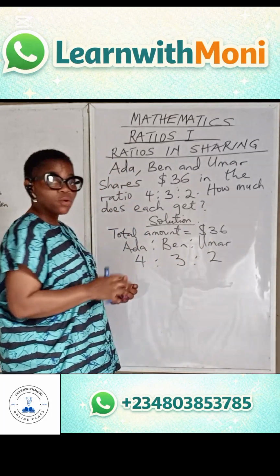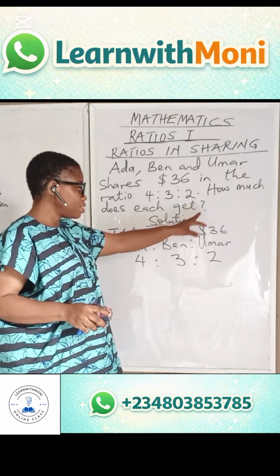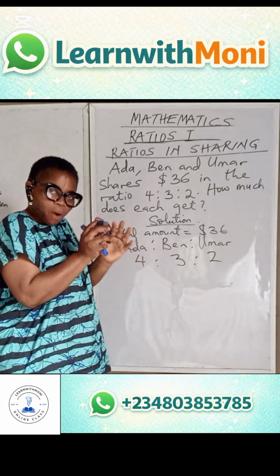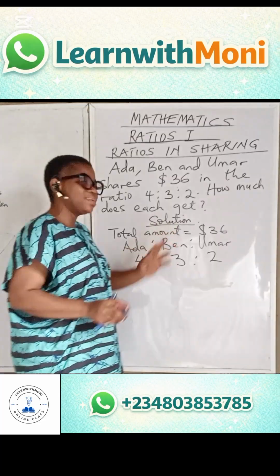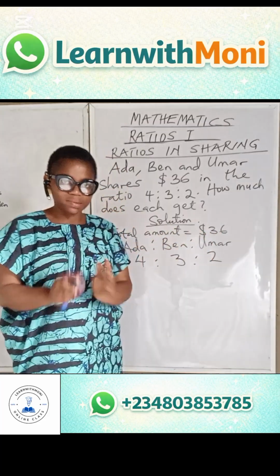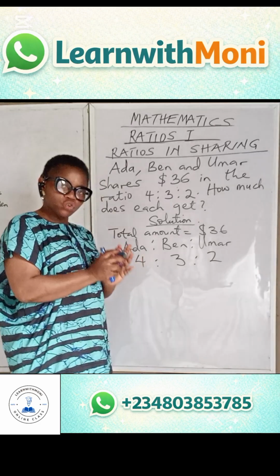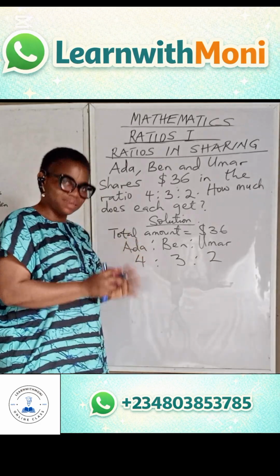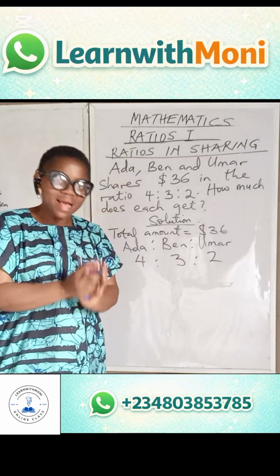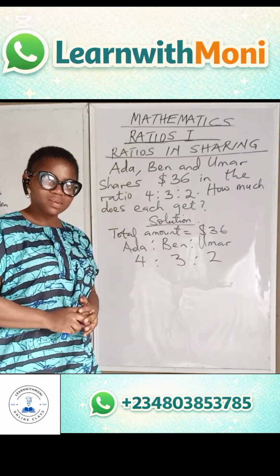So this means after $36 has been shared, Ada is going to take 4 parts, Ben is taking 3 parts, and Umar is taking 2 parts. So obviously, you can say that Ada is taking the largest share, while Umar is taking the smallest share of the $36.